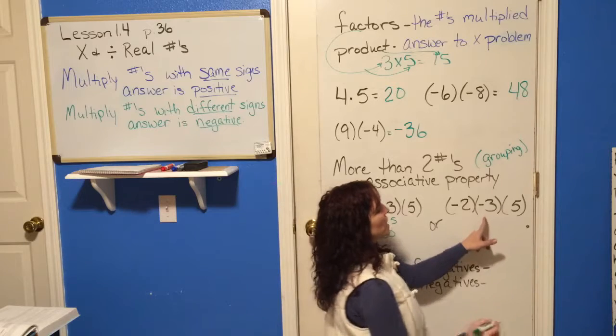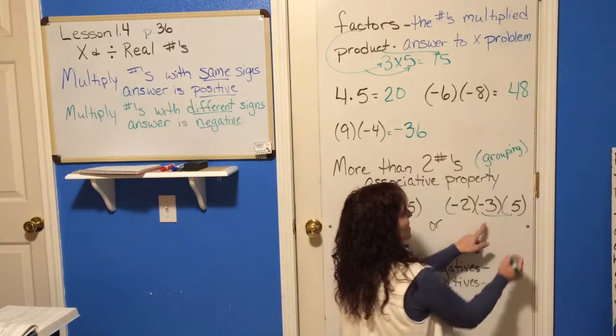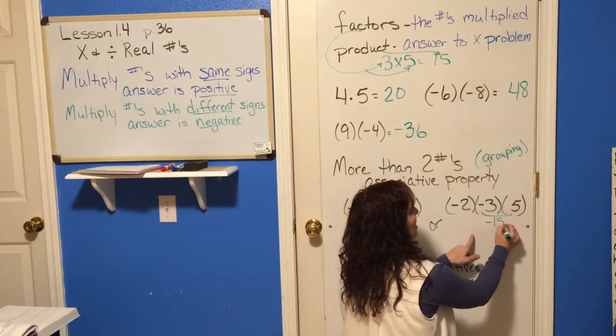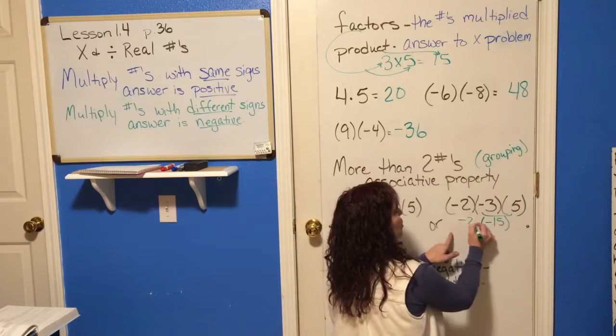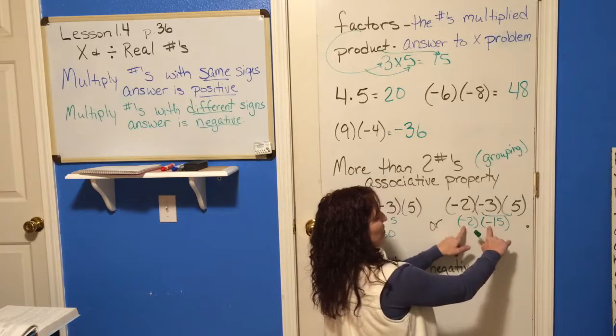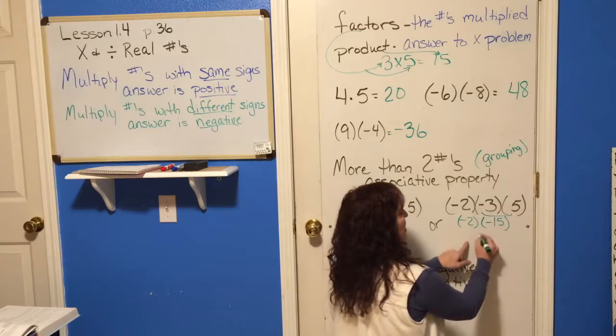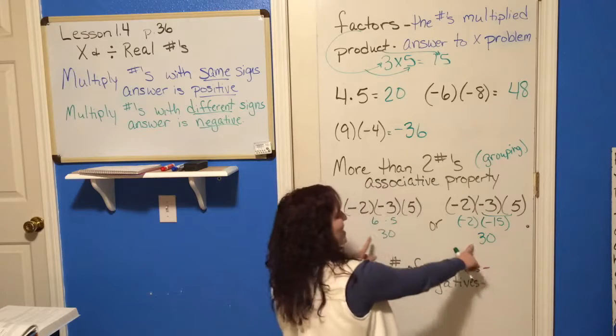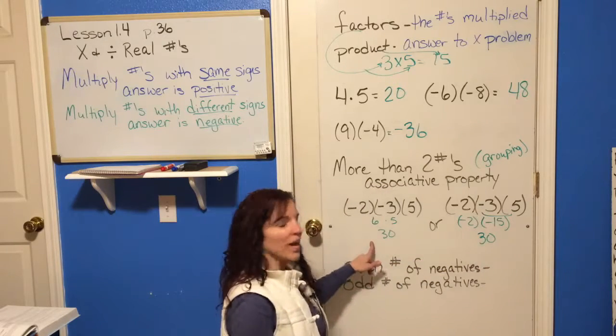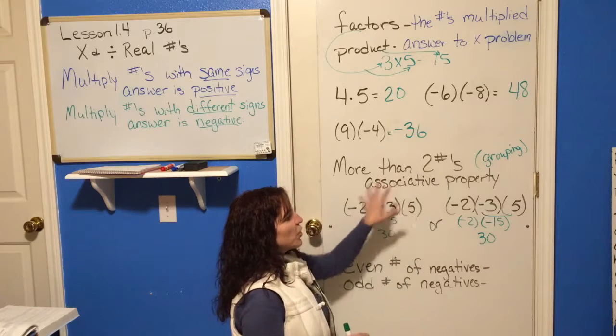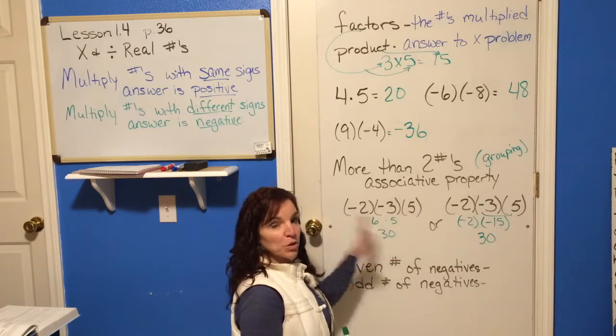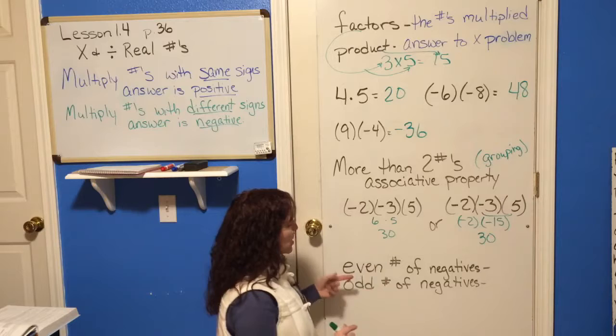Or I could say -3 times -5 is 15, times -2. Negative times a positive is a negative, and 2 times 15 is 30, so -30. We get the same answer either way. So your grouping doesn't matter when you're multiplying with integers.